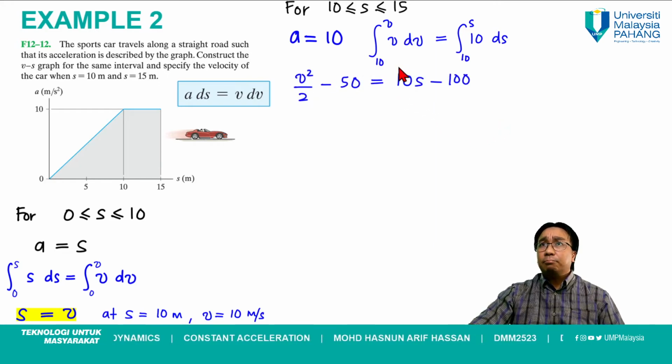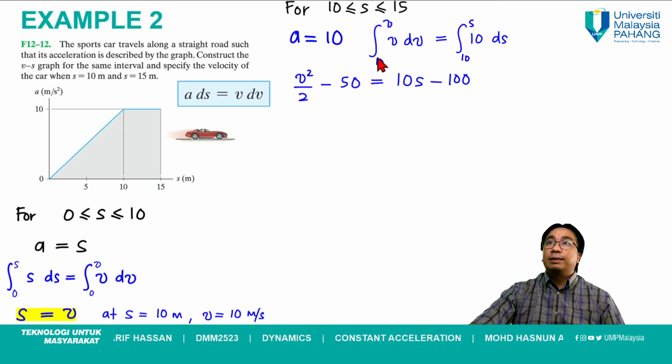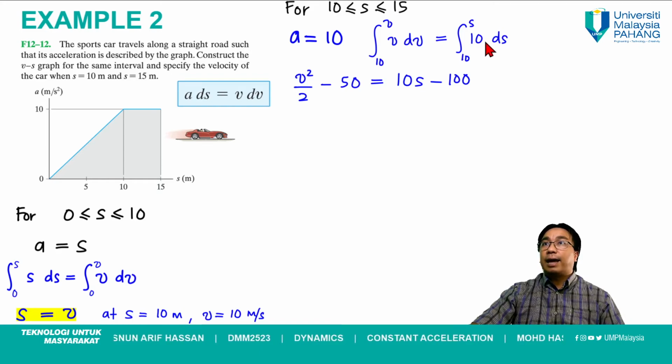Okay, so dekat sini you akan dapat V square over 2, and then ganti dengan 10, so dapat 10 square over 2, 100 bahagi 2 dapat 50. So this is on the left hand side. On the right hand side, you akan dapat 10s.